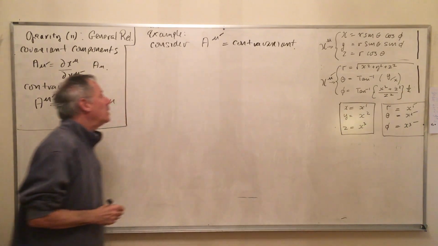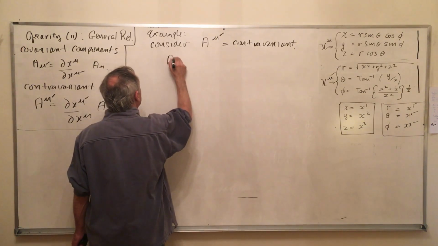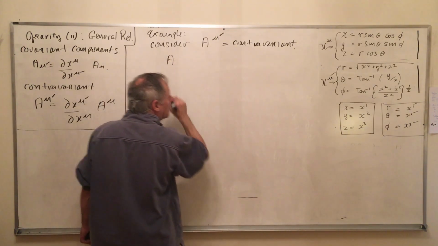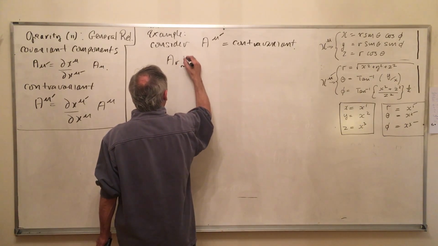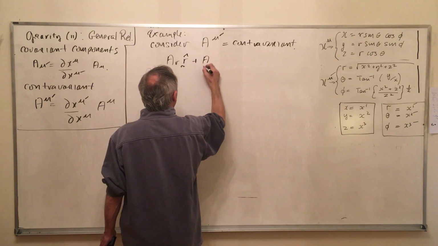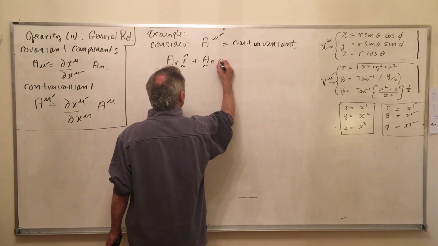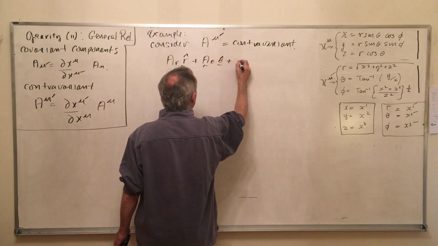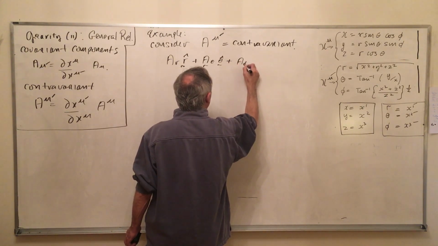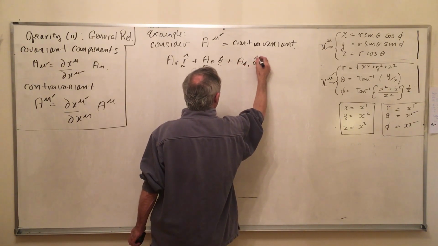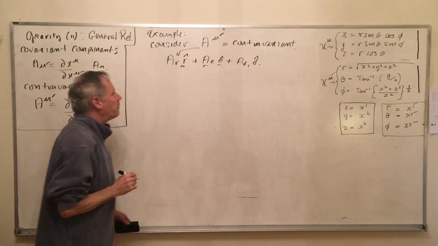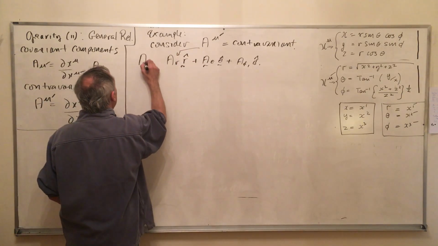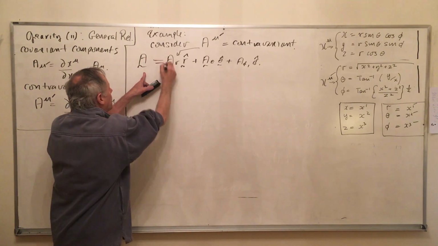Now we want the contravariant components of A mu dash. Well, they would be the components in here because we're not writing out the whole vector, but the vector A would look like this.